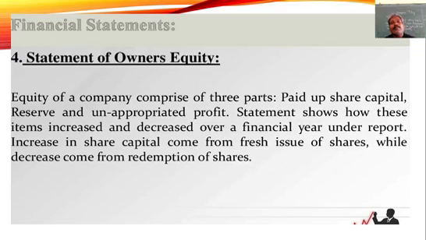For example, at the time of offering shares, the company may have issued redeemable preference shares, maybe for 5 years or 10 years. After the maturity date, the company should redeem those shares. That means at that time the share capital is reduced. So this is the statement of owner's equity: paid up share capital, then reserves and surplus, as well as unappropriated profits.